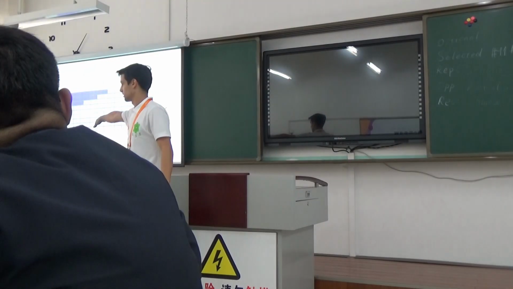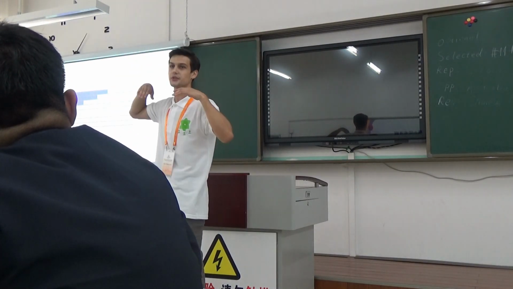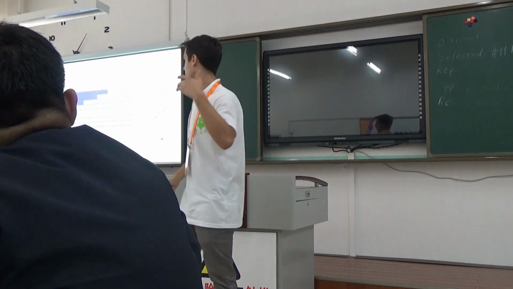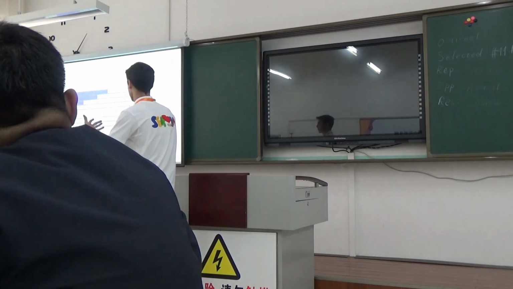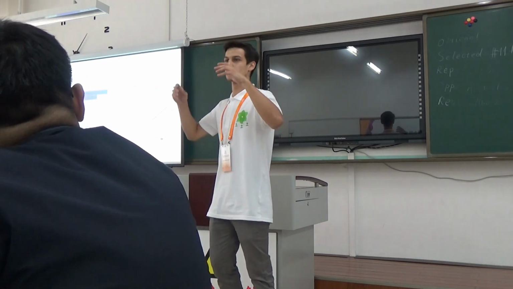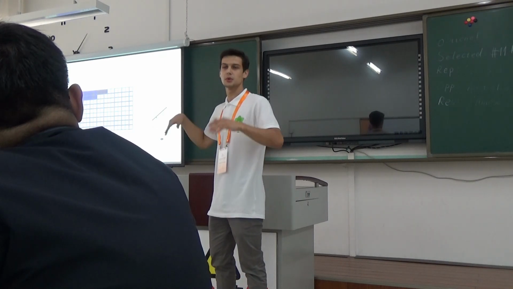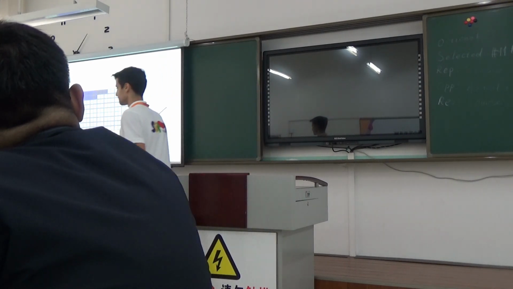As we can see, by increasing the length of the pendulum, we are decreasing the upper threshold for the length of the rod. So if we have a larger pendulum, we can use longer rods, and if we have a shorter pendulum, we have to use shorter rods.